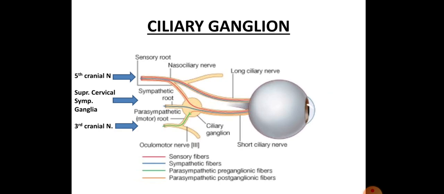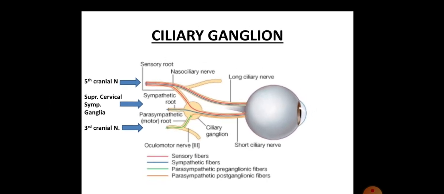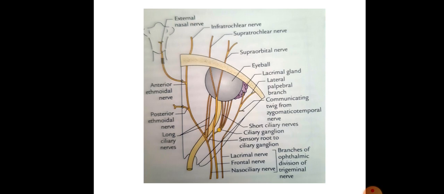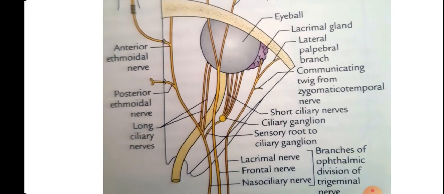The parasympathetic root is responsible for constricting the pupil. This picture shows the ciliary ganglion present just lateral to the optic nerve and medial to the lateral rectus, that is not shown in the diagram here. And see the multiple branches of short ciliary nerves arising from the ciliary ganglion and reaches the eyeball.